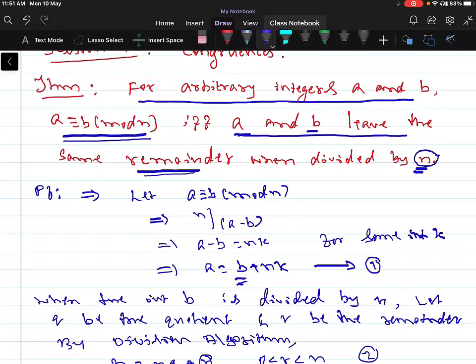Next, in the proof of the second part, that is the converse part: if a and b leave the same remainder r when divided by n, then you have to prove that a is congruent to b modulo n.